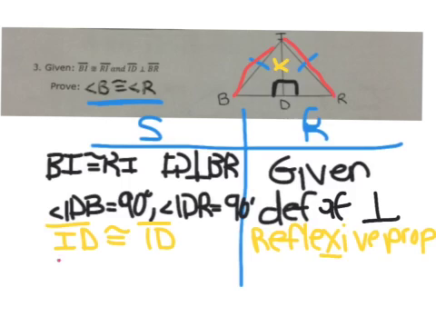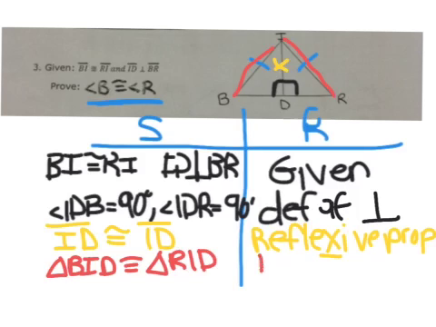So these two triangles are congruent. Triangle BID is congruent to triangle RID because of HL, hypotenuse leg.